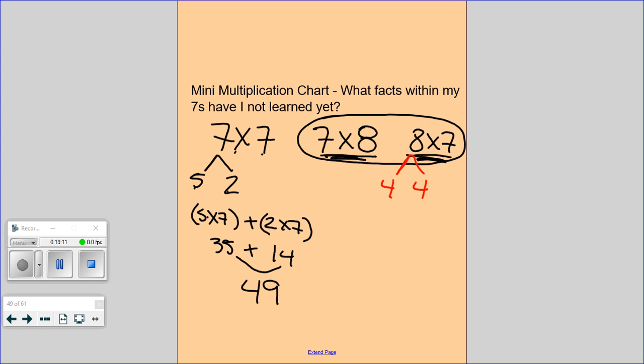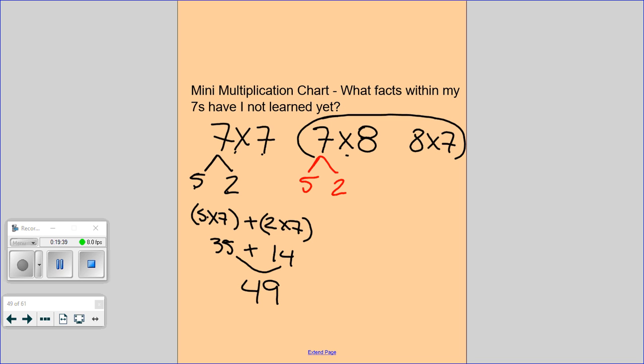So instead, if you're not done, I want you to try to break apart the 7. Because 7s we can break into 2 easy numbers. What are the easy numbers for 7s? 5 and 2. If you have not solved this problem yet, solve it with me now.